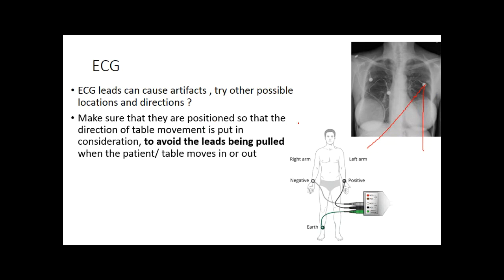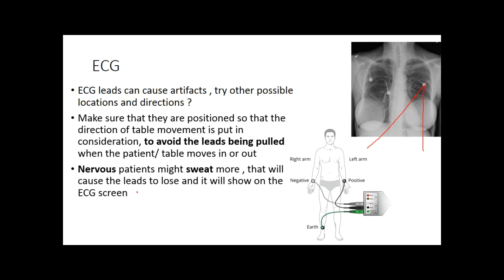Make sure that you are positioning the leads in a way that if the table moves, the leads will not be pulled out of the patient. Okay, so you have enough distance and length of the leads for that certain patient movement.